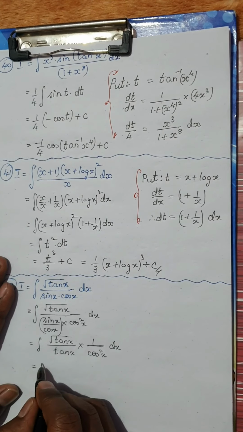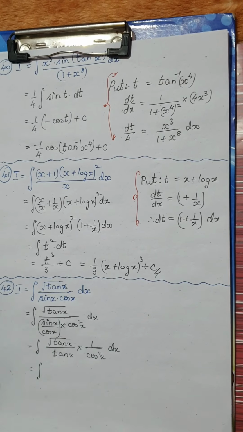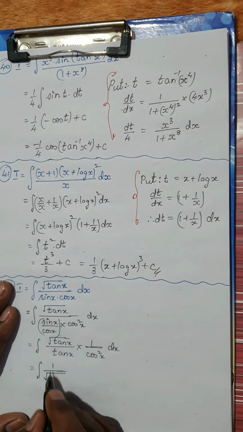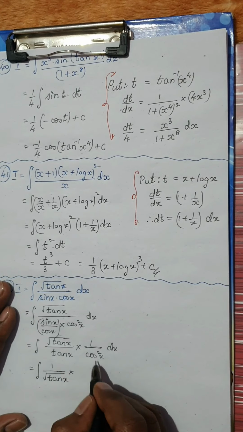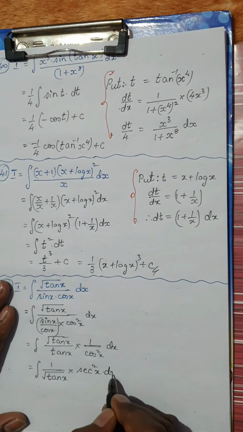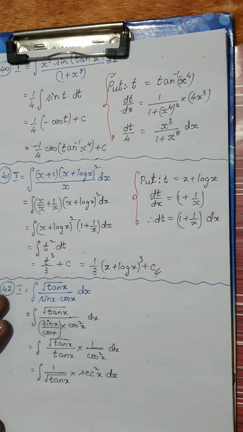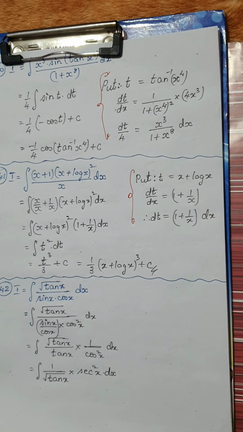Now this is the integral of, what is root a by a? Root a by a would be 1 divided by root a, that is 1 divided by root of tan x, into what is 1 by cos square? We know 1 by cos square is secant square x dx. So now I am going to substitute for the given function.